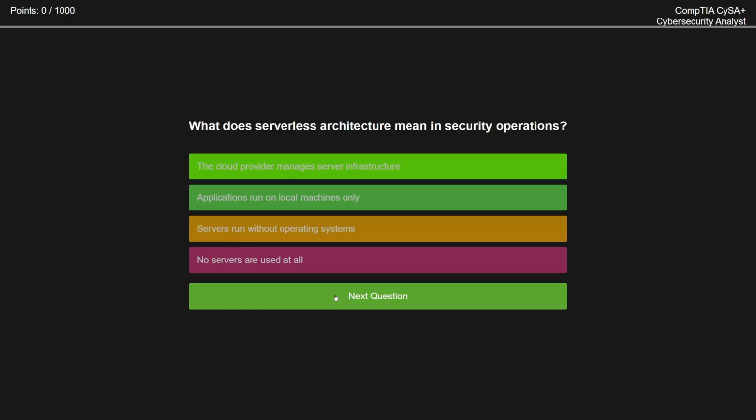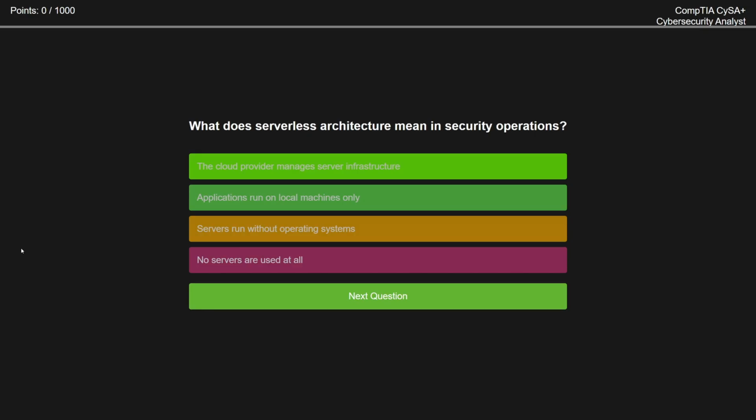So, next question. And before I go to the next question, let's go over these other ones. Applications run on local machines only. Servers run without operating systems. That's not really possible. Applications that run only on local machines, a lot of the time, are open source stuff, right?